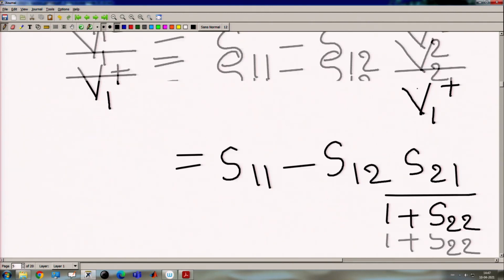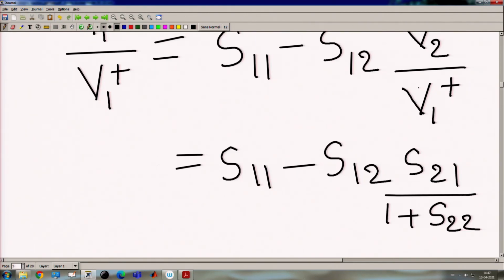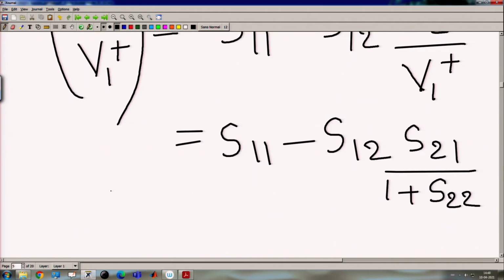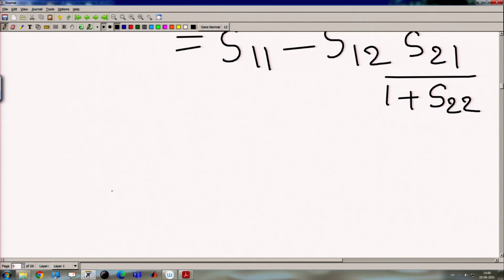So, now this V1 minus divided by V1 plus is in the form of S parameters. We know this term is known as gamma, and we have calculated this parameter using ZL equal to 0, that means short circuit.